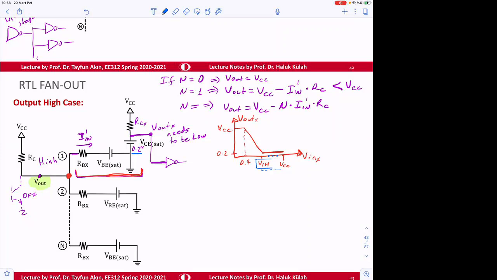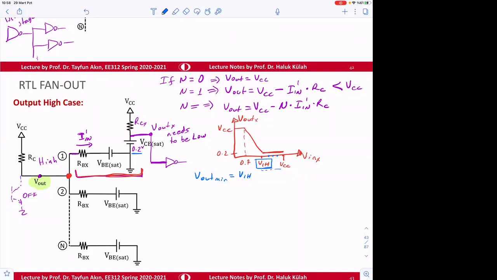Yes, you're right. So the minimum value of V out can be V input high. So V out minimum is going to be V input high, if nothing else is defined.